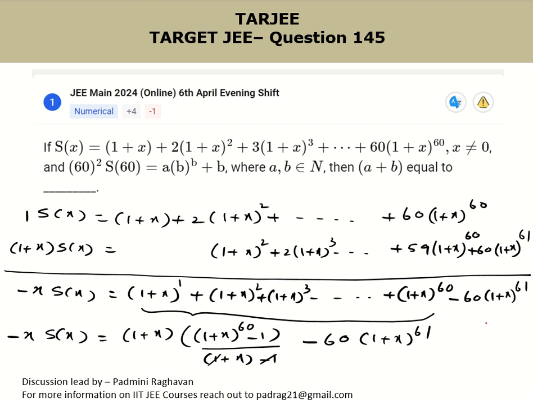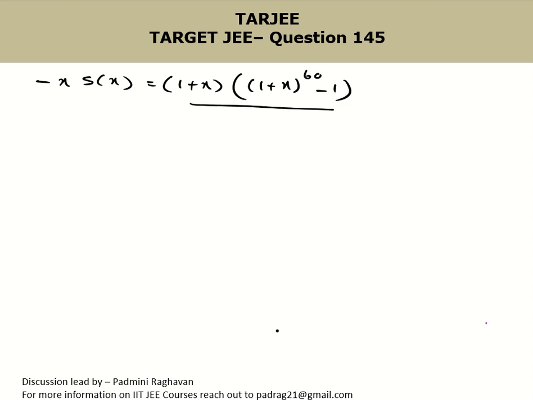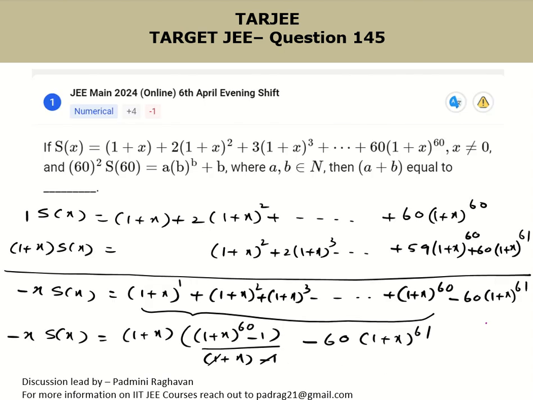So what do I get? I get minus x times s of x is going to be, on top, (1 plus x) multiplied with ((1 plus x) whole power 60 minus 1). The denominator has an x, and the next term is going to be minus 60 into (1 plus x) whole power 61. Let us verify whether we have written it correctly. Yeah, we have written it correctly.